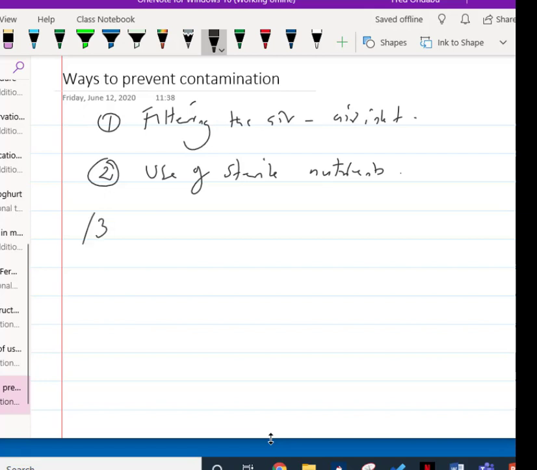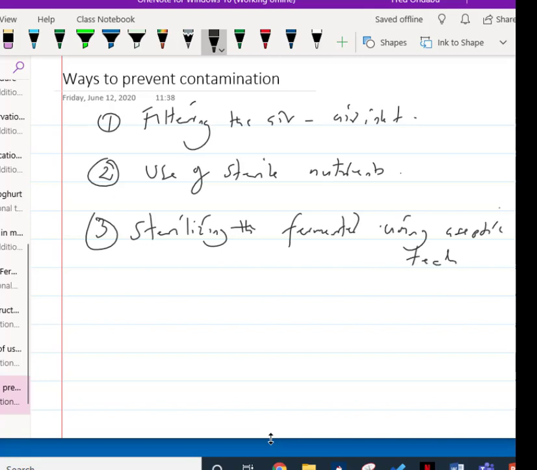Then three is sterilizing the fermenter using what we refer to as aseptic techniques, like the ones I mentioned, using hot steam and high pressure or using disinfectants.